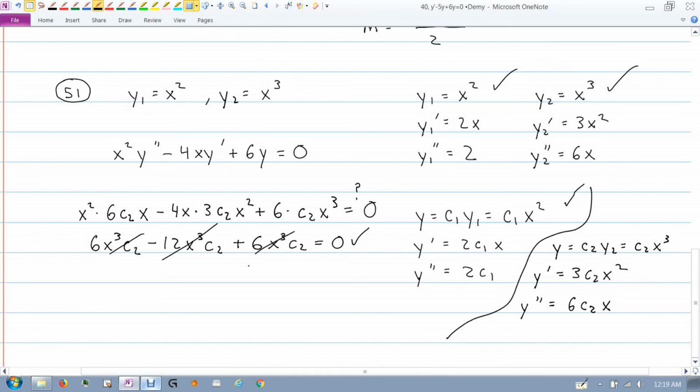Now, the final thing is the question of whether or not y1 plus y2 is a solution. So it's asking if I take these two and add them together, is that a solution? So I'm going to just squeeze that in here.